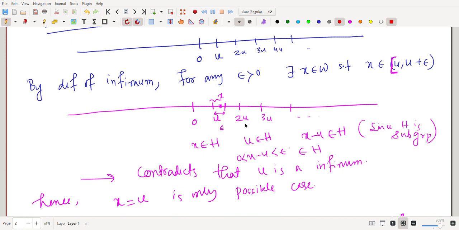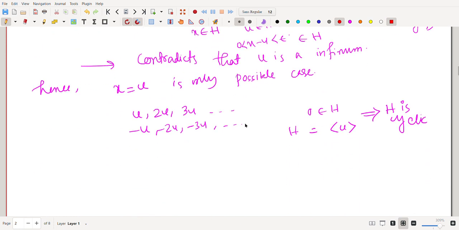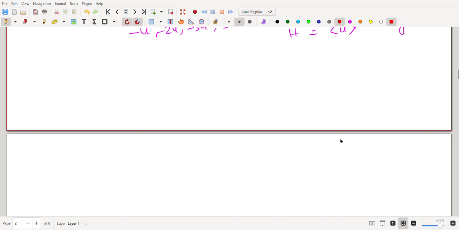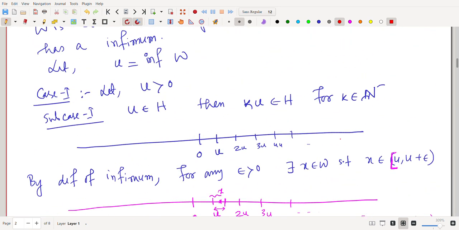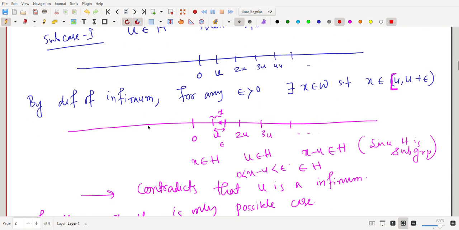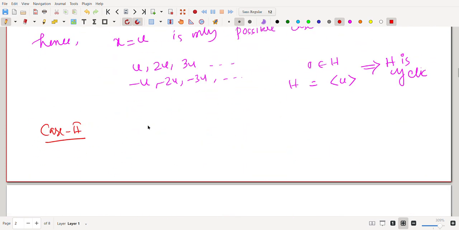Now what is the other case left here? In particular, H becomes cyclic in that case. Now case 2. Here the subcase: U belongs to H, right? Now if U doesn't belong to H, there is another case.